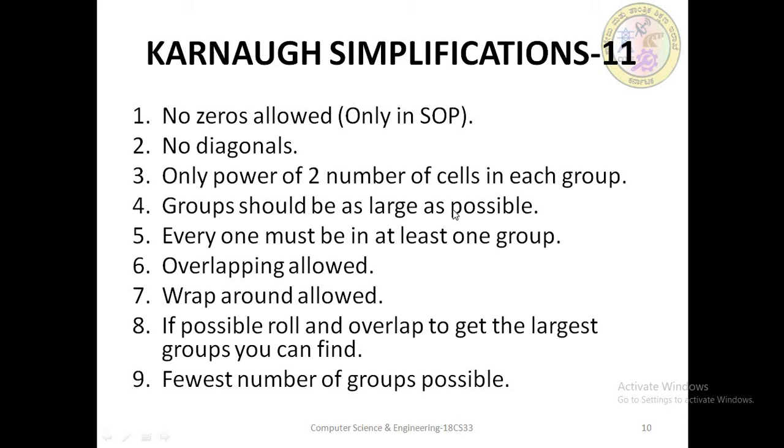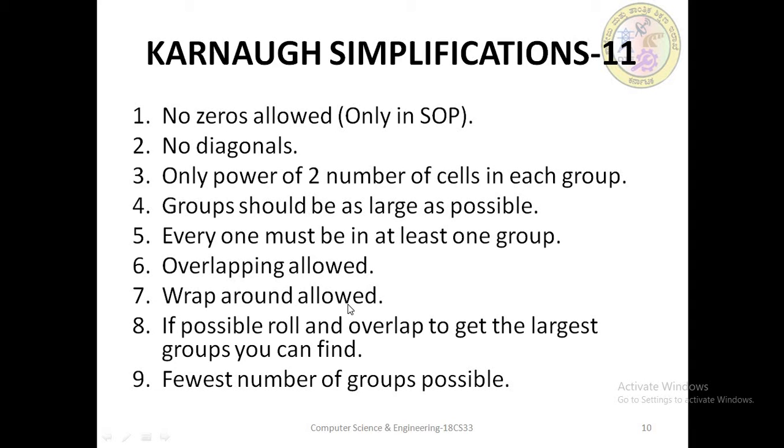Groups should be as large as possible, that means we need to always start with the largest groups. Every one must be in at least one group. A one should not be left out; it should be considered at least once. Overlapping is allowed, we have already seen it in the previous examples. Wrap around is allowed, as we have already seen with the 4 corners, right? So that is also allowed.